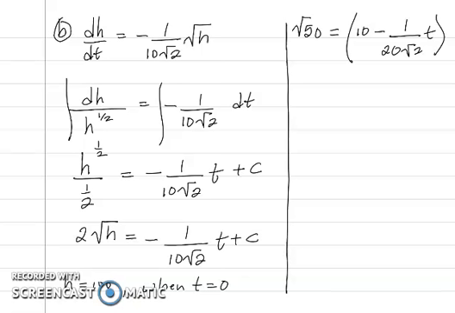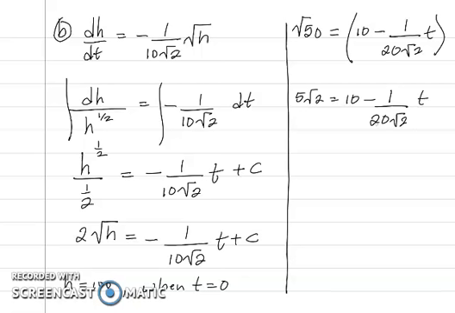Now the root of 50 is 5 root 2. So 5 root 2 is equal to 10 minus 1 over 20 root 2 t.